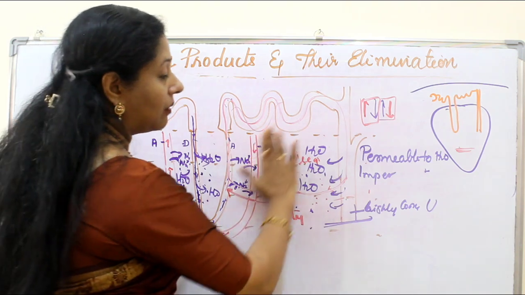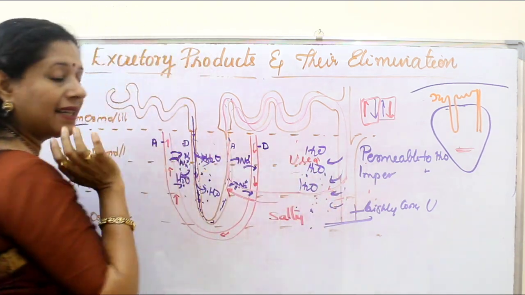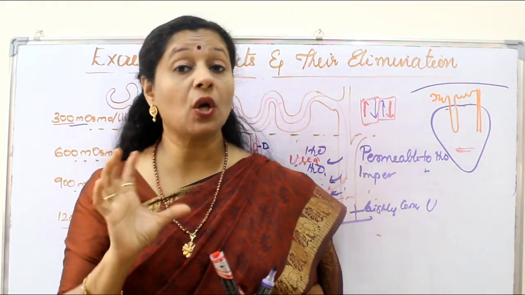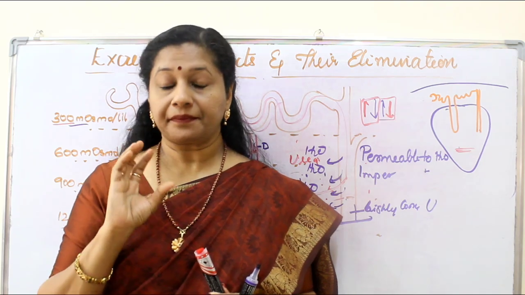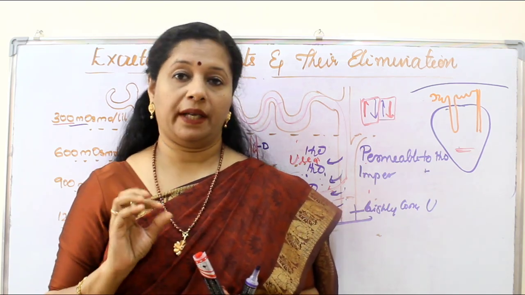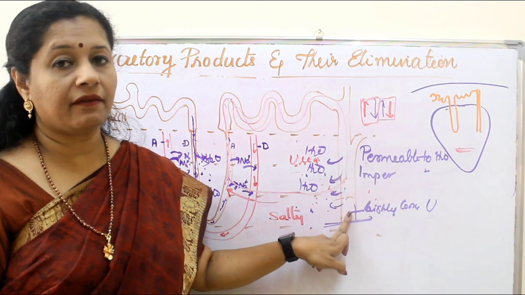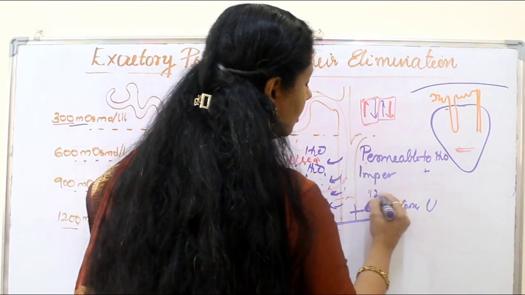So in this part, the osmolarity of the medullary interstitium is maintained by urea, and here by sodium. So mainly two salts are playing a major role in the countercurrent mechanism, that is urea and sodium. Now at the end of the collecting duct, we get a highly concentrated form of urine because maximum water has come out. So here it is 1200.